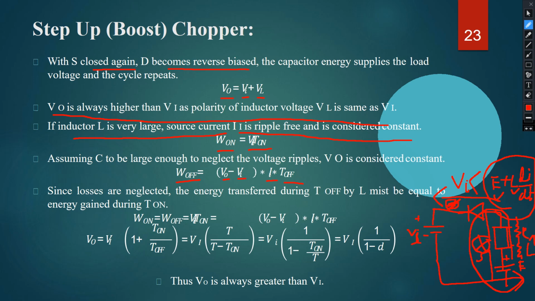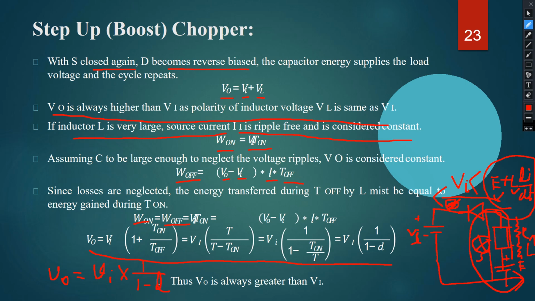So by the law of conservation of energy, we can equate these two equations and we can land over here on this particular equation. By changing sides, we will get Vi into 1 by 1 minus D. So V output is equal to Vi into 1 by 1 minus D.